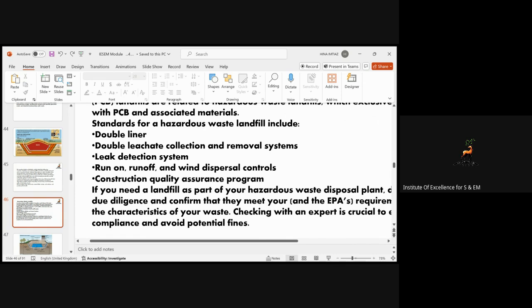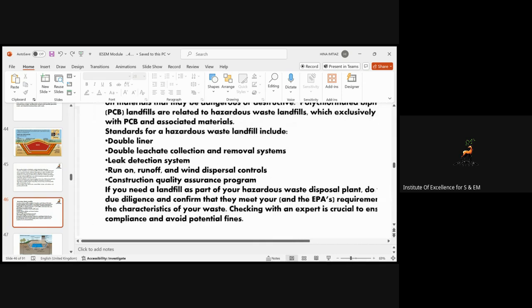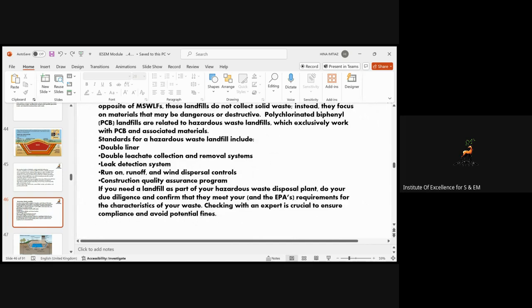The last one is a construction quality assurance program, where you have to monitor the entire operation, and check and balance procedures are very important in this process. You have to ensure that there are no off-site or on-site hazardous impacts on the environment or on any local people.